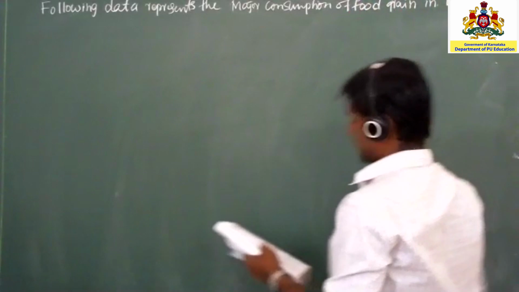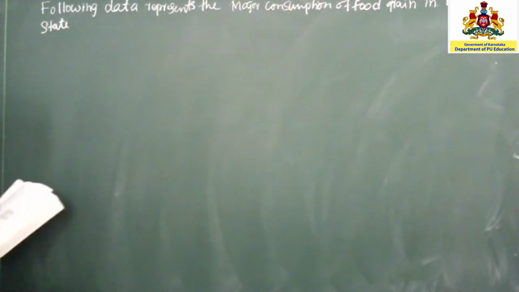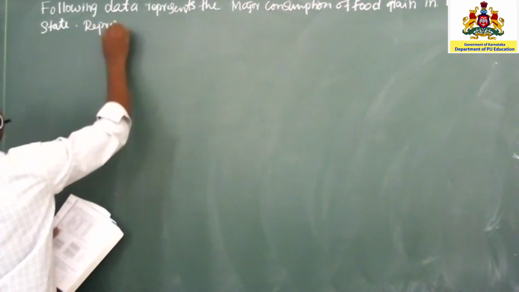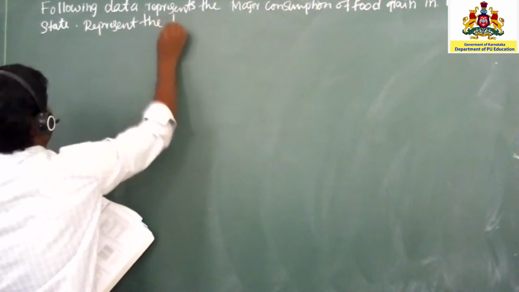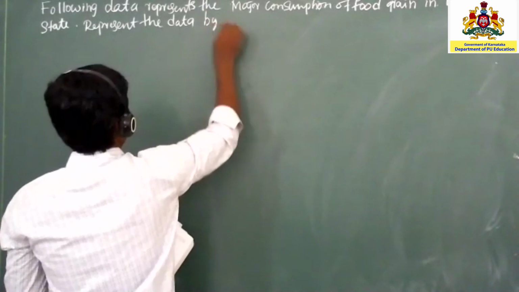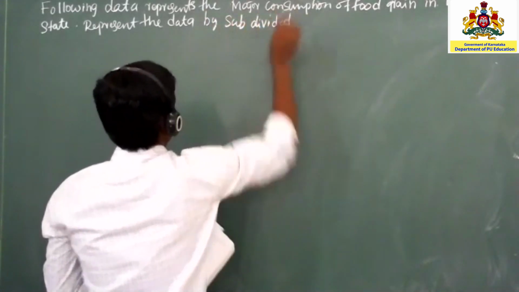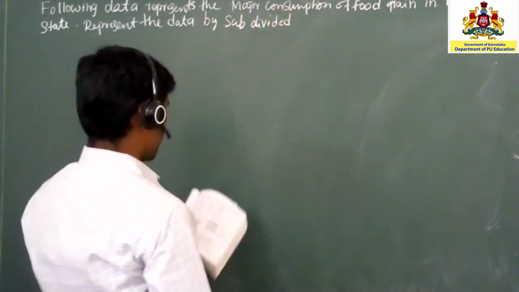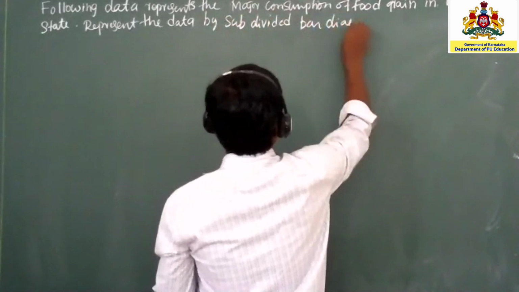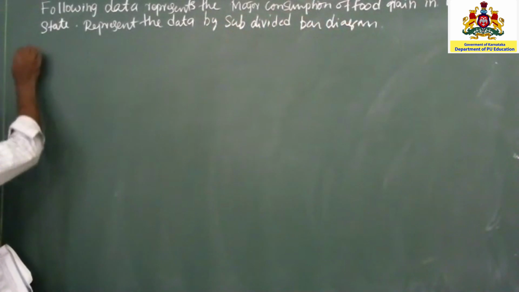Represent the data by a subdivided bar diagram. Subdivided or component, both have the same meaning. Subdivided bar diagram.